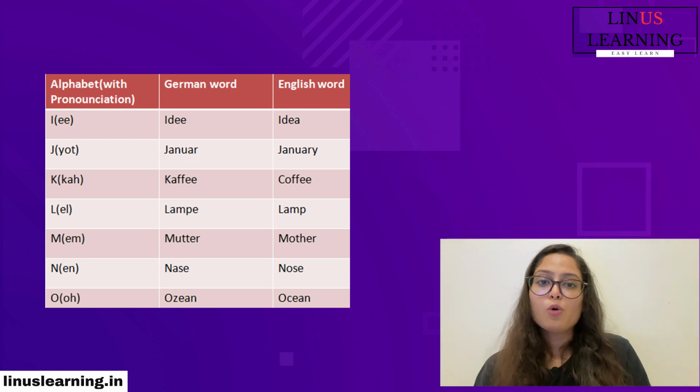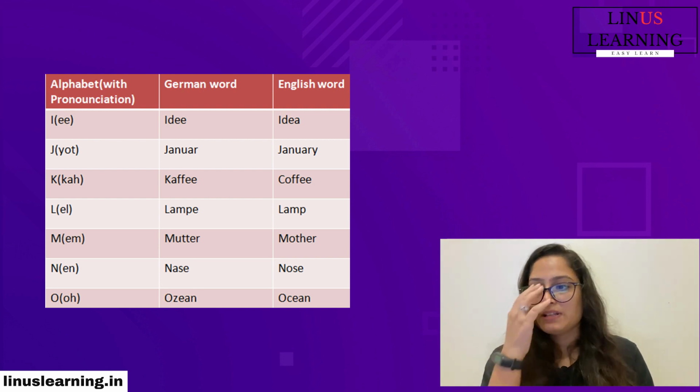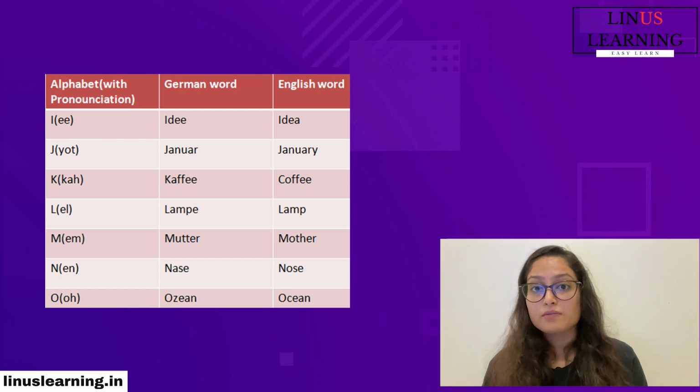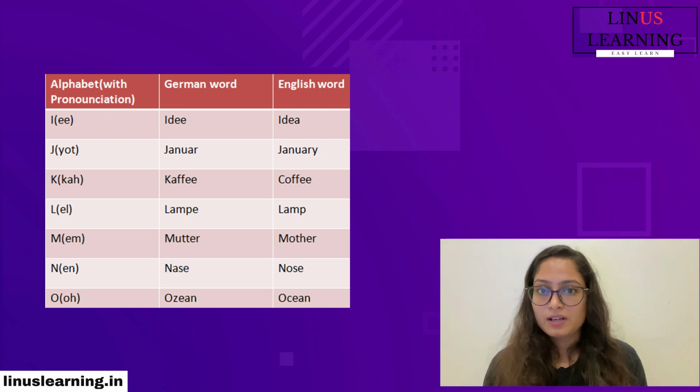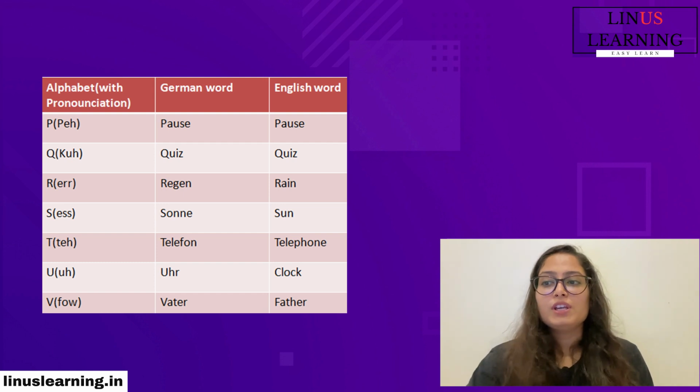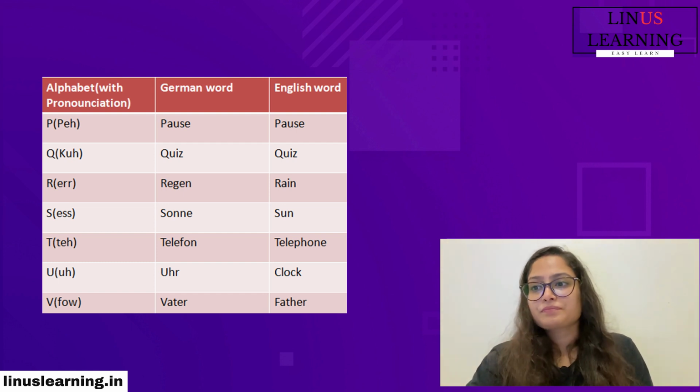O wie Ozean, Ozean is ocean. Let's repeat them. I wie Idee, J wie Januar, K wie Kaffee, L wie Lampe, M wie Mutter, N wie Nase, O wie Ozean.